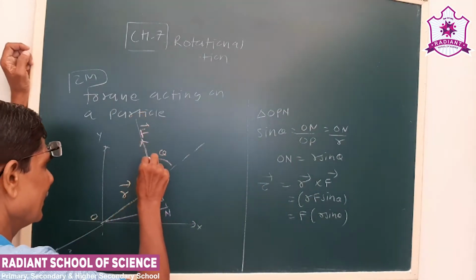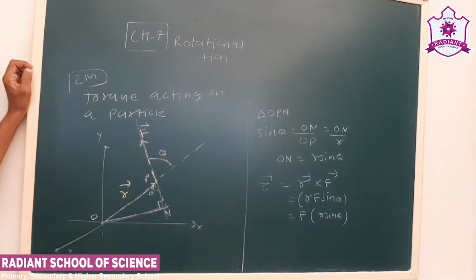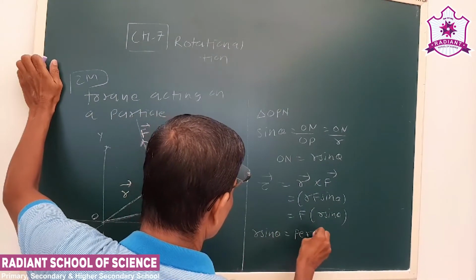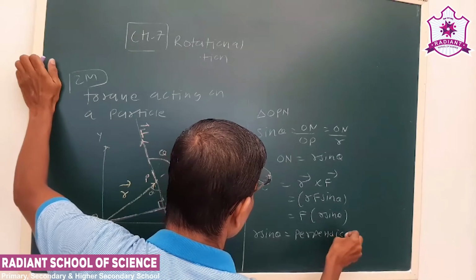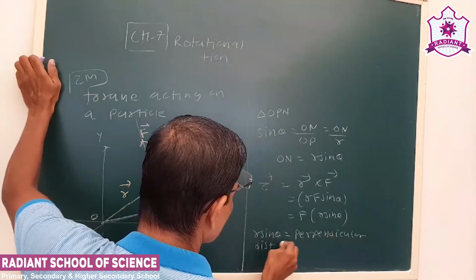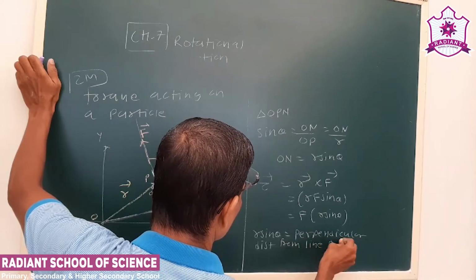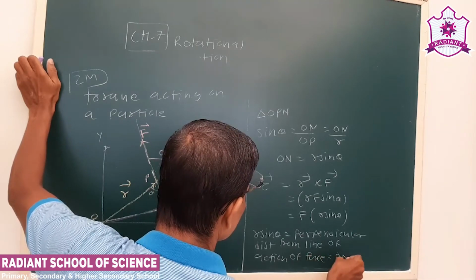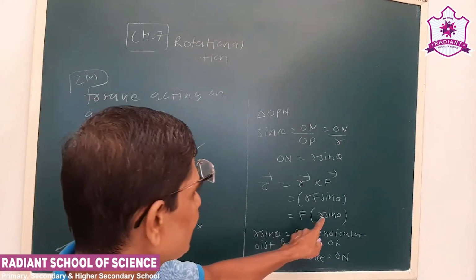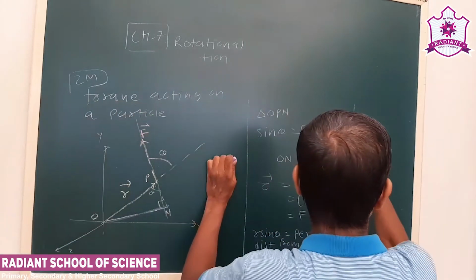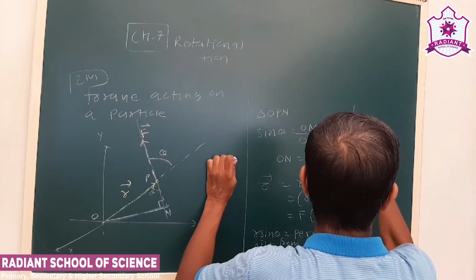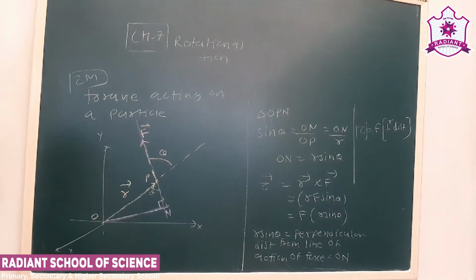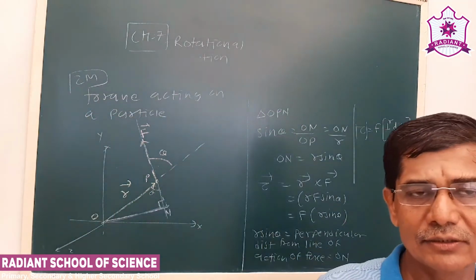R sin theta is nothing but the perpendicular distance from the line of action of force, that is ON. So torque is force into perpendicular distance. So in torque it is important in which direction force acts.